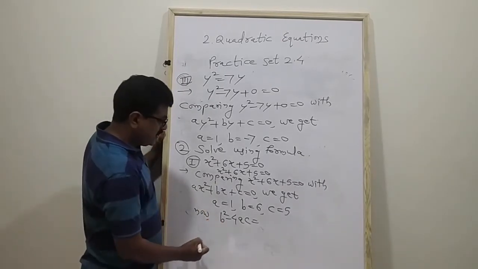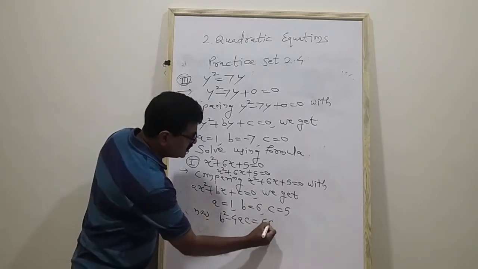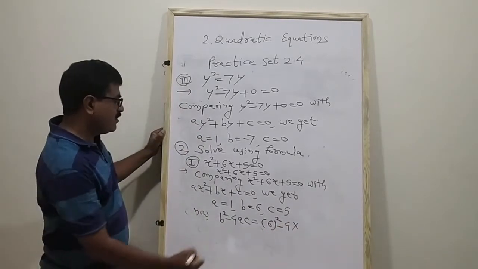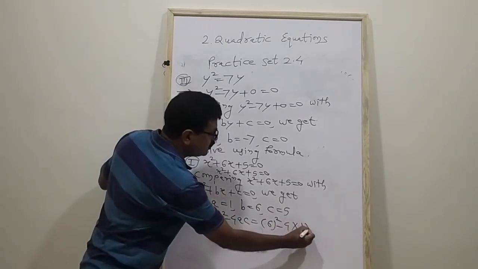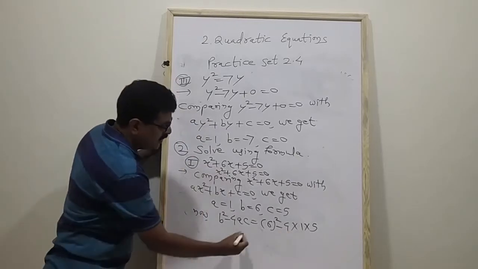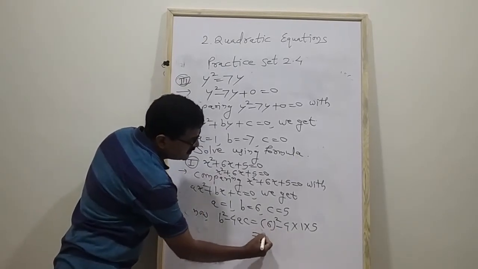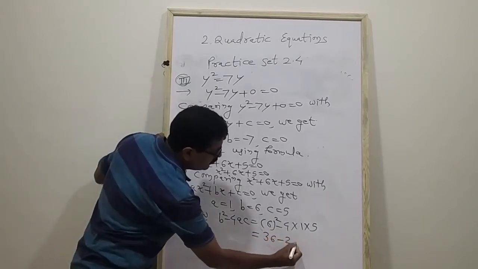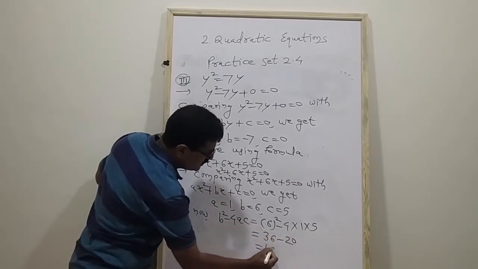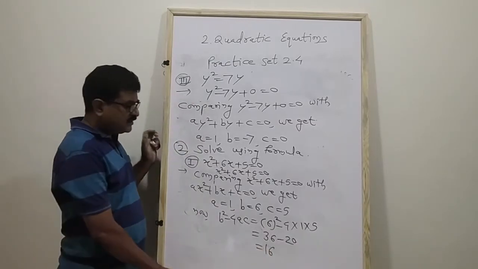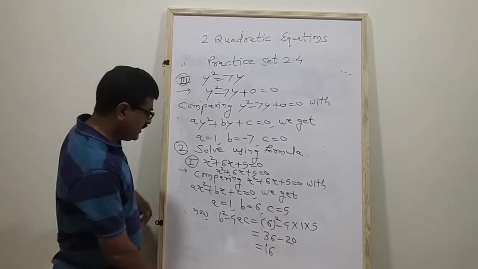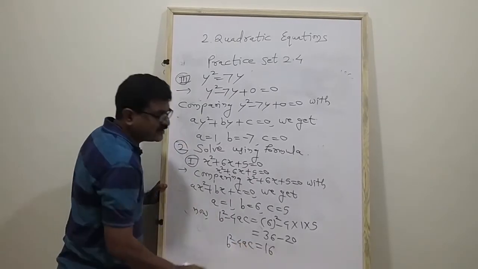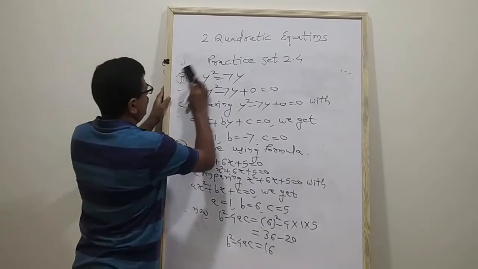That is b square minus 4ac, value of b is 6 square minus 4 into value of a is 1 into c is 5, is equal to 6 square 36 minus 4 into 5 20, is equal to 16. That is, the value of b square minus 4ac is 16.